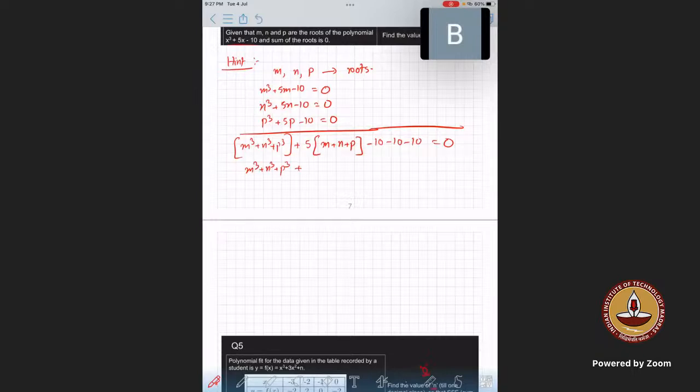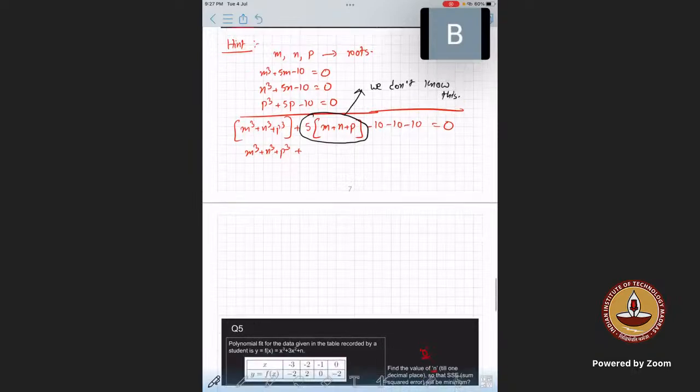Look carefully, we don't know this value. So m cube plus n cube plus p cube plus 5 times (m plus n plus p) minus 30 equals 0.